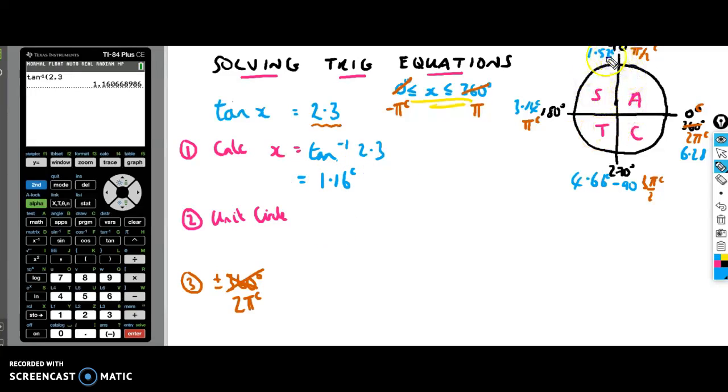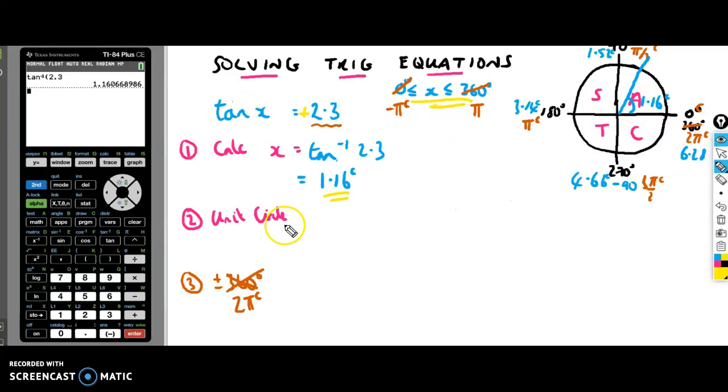But if we have this set up, then it makes sense, because if this is 0 and this is 1.52, then 1.16 is somewhere in here. 1.16 radians. Which is true, because if tan is positive and the unit circle only shows us where it's positive, it would be in the all section. That gets us answer number 1.